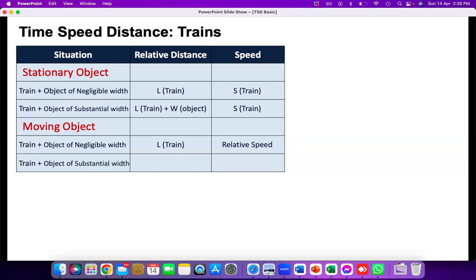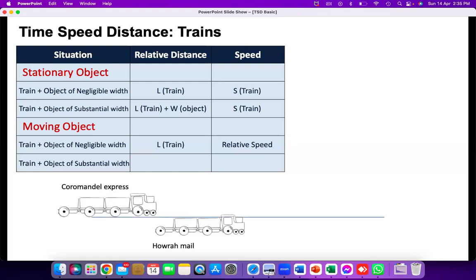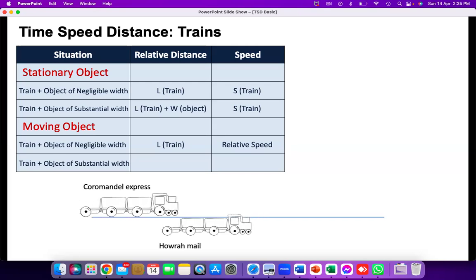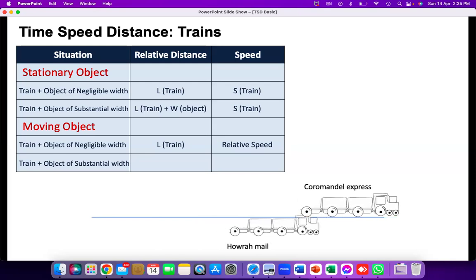Now, the next case is one train crossing or passing another train. Passing means motion is in the same direction. Crossing means opposite direction. So this is how it is. Coromandel Express, Howrah Express. See, they're moving in the same direction.